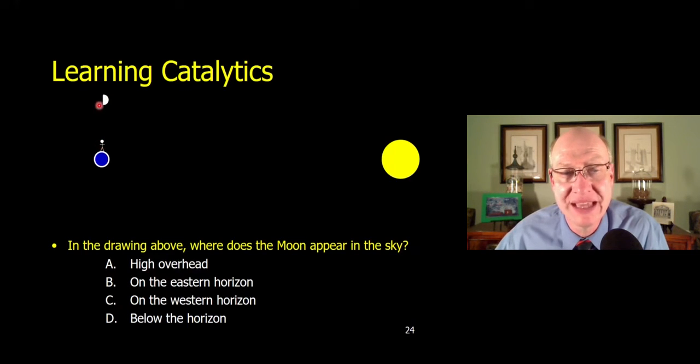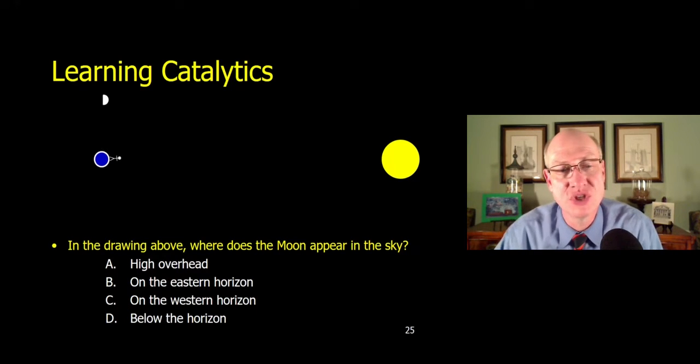The first quarter moon is always highest in the sky at the time of sunset, because the first quarter moon in its relation to the Earth is right there, and it's going to be at its highest in the sky when the observer is directly underneath it. And so the first quarter moon is always highest at sunset.